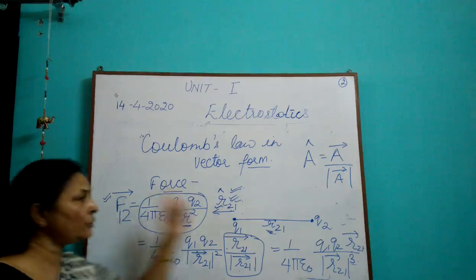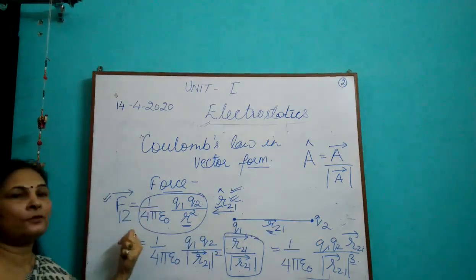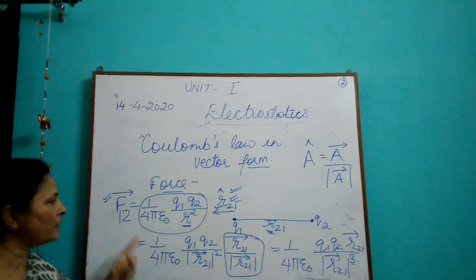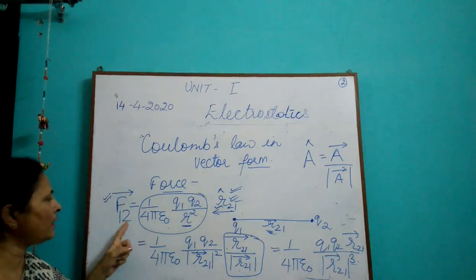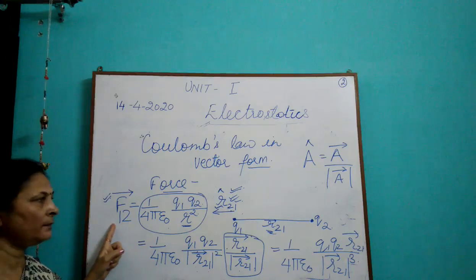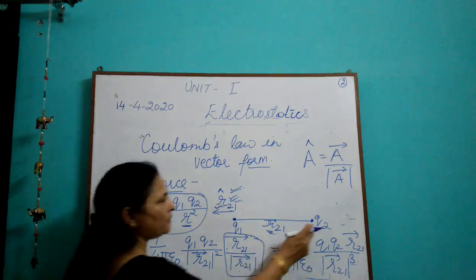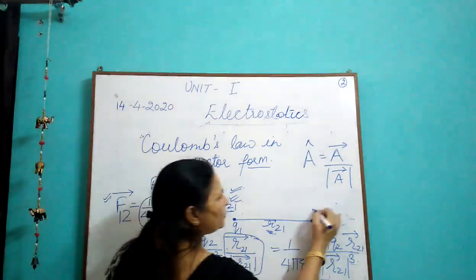Now force on 2 because of 1 also shall be calculated. Now what shall be the change? Here I have F21. What will be the force on 2 because of 1? Now this will be towards this side.